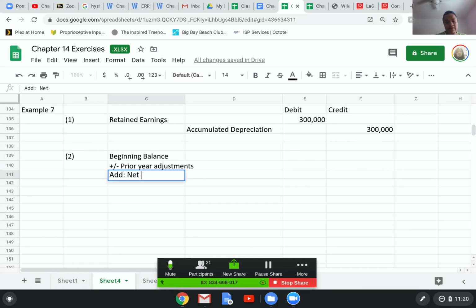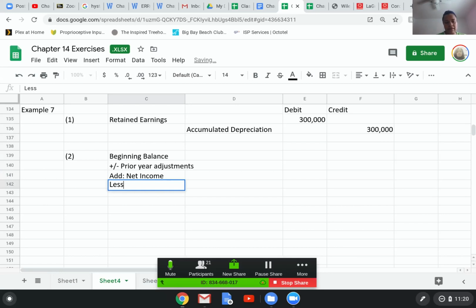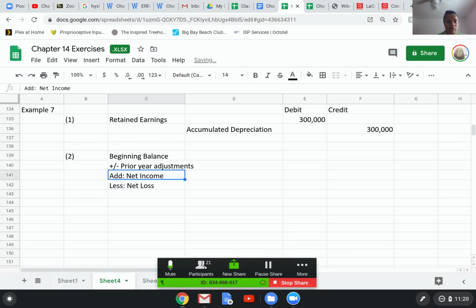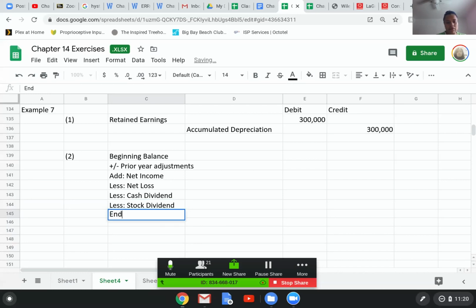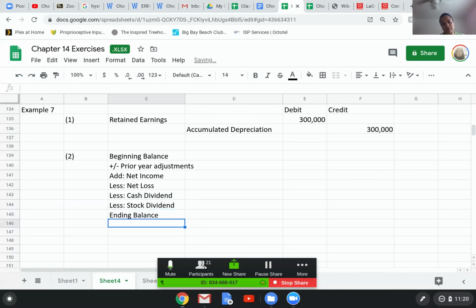You're going to add any net income, right? You're going to subtract any net loss. Obviously the company can't have net income and net loss in the same year, but I'm giving you all the options of what could happen. Then you're going to subtract any cash dividend. You're also going to subtract any stock dividend. And then you come to the ending balance.